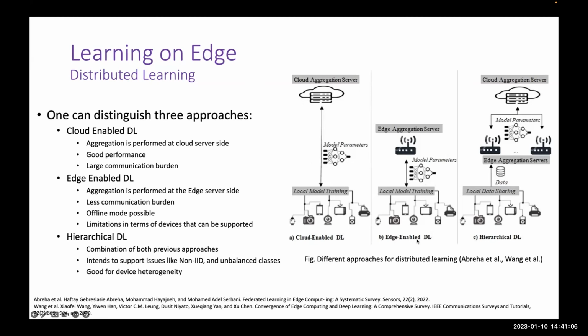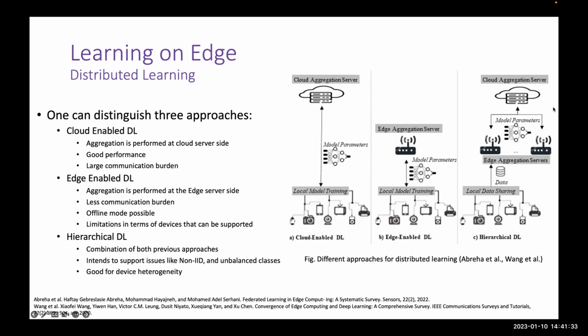On the edge-enabled one, you have what we call an edge aggregation server. It is not on the cloud, but still it is close enough to the edge devices that we call it the edge server. So the devices share the data with the edge server and not with the cloud, and locally they all work together to build the model.